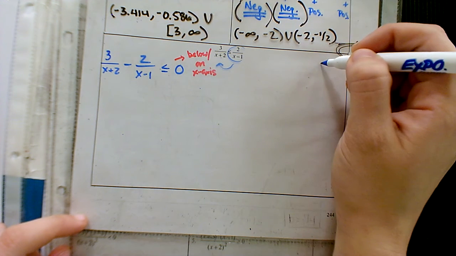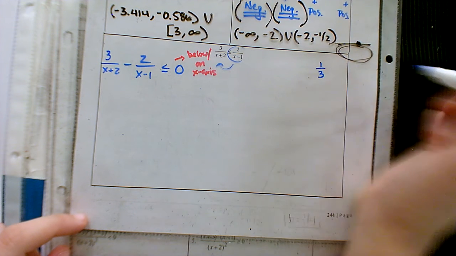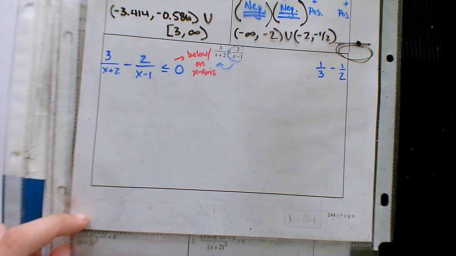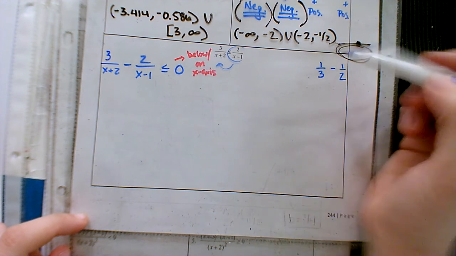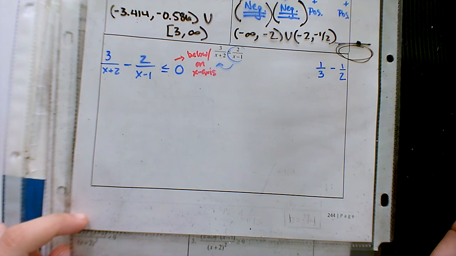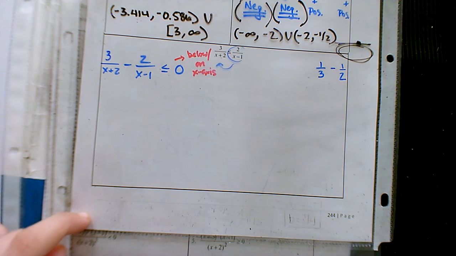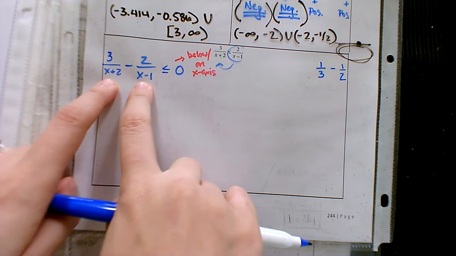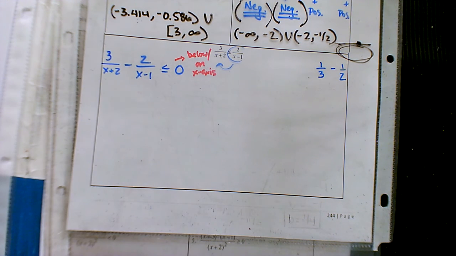Maybe I'll use a number example. What if I had 1 over 3 minus 1 over 2? Okay, not a common denominator, but how can we get them to have a common denominator? You just find the least common multiple, which would be 6. Now in numbers, that's kind of easy to find a multiple, but when you're working with factors or variables, that might be a little tricky.